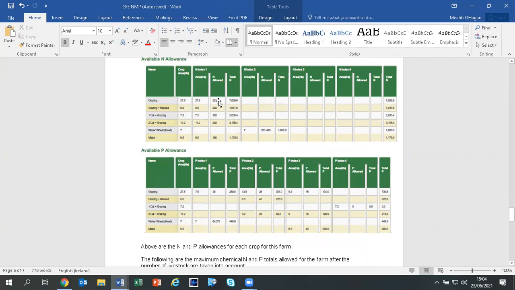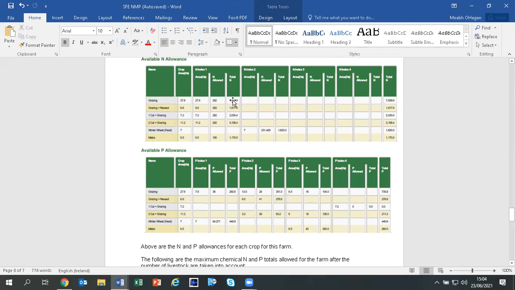For nitrogen index 1, all of that land is index 1 and the total nitrogen is 7,839.5 kilograms. So 7.8 tons in that scenario.